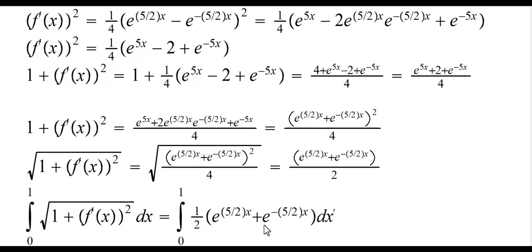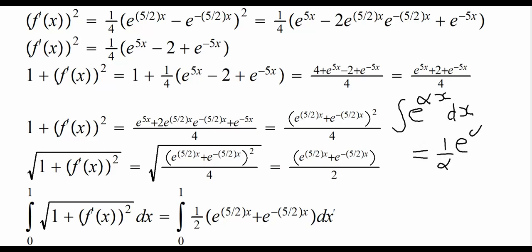And now we will simply just recall that if alpha is a constant, then the integral of e to the alpha x dx would be how much?